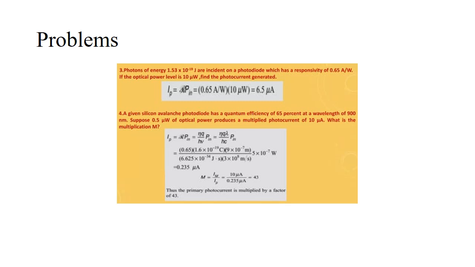In this problem, they have given the energy and the responsivity. The optical power they have given as 10 microwatt. We have to find the photocurrent generated. In the next problem, they are asking the primary photocurrent.